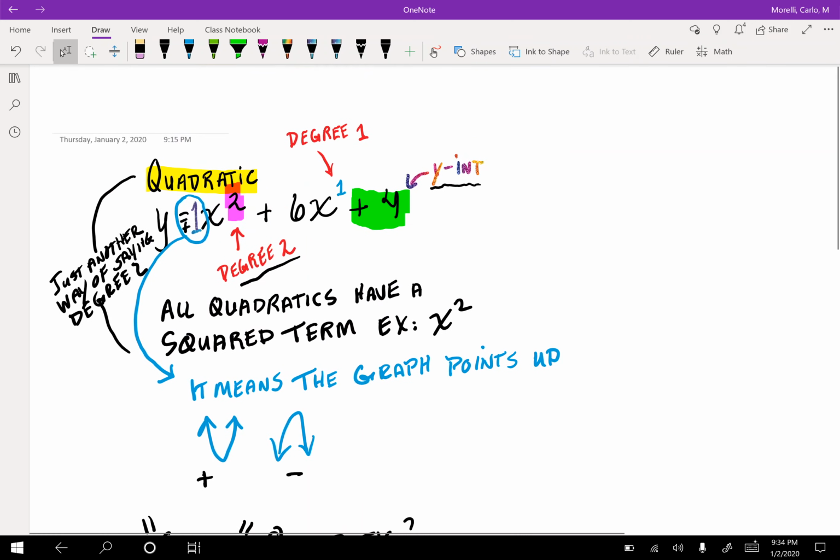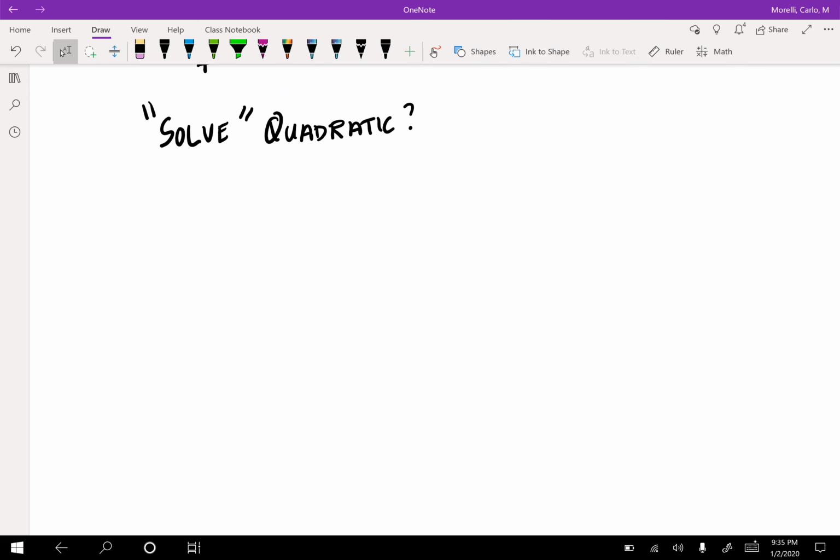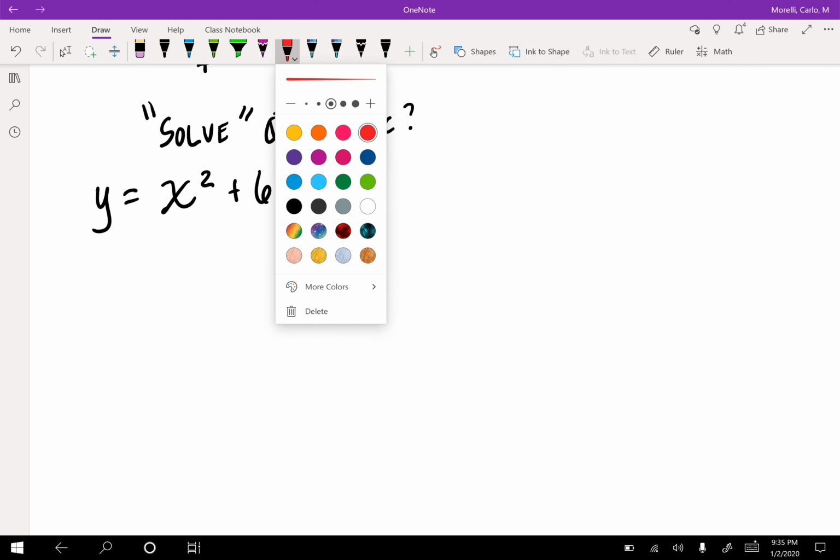Let's go back and grab this thing. X squared plus 6x plus 4. Let me write it. X squared plus 6x plus 4. What do we mean by that? Y equals. What do we mean solve it? Well, what we're trying to find is something very specific.